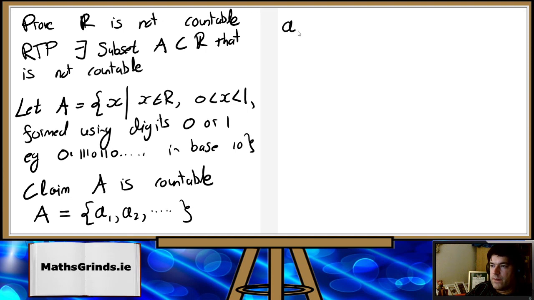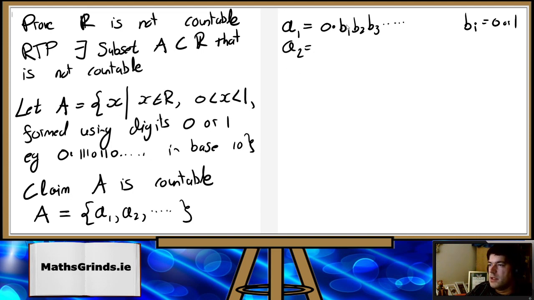So let's just say A1 is equal to 0 point B1, B2, B3, etc., where each B is 0 or 1. Remember, we said that the elements in A are 0 point ones and zeros only.